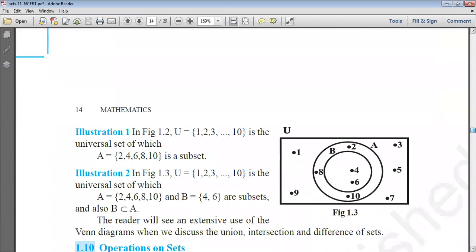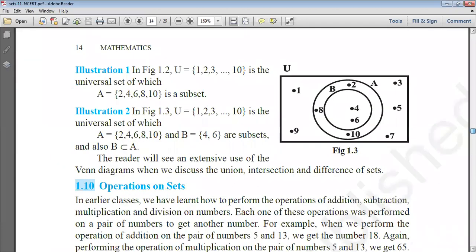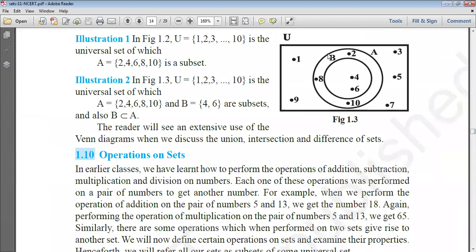Next, you see here in this example, the universal set is represented by this rectangle, and two circles are considered here.